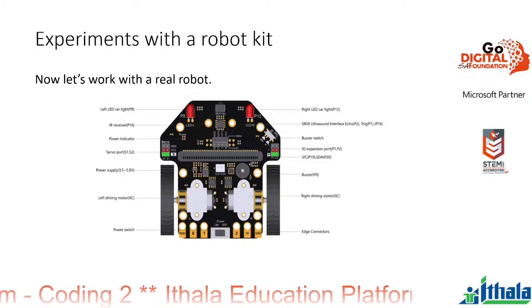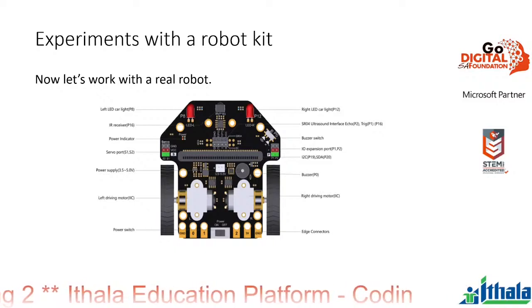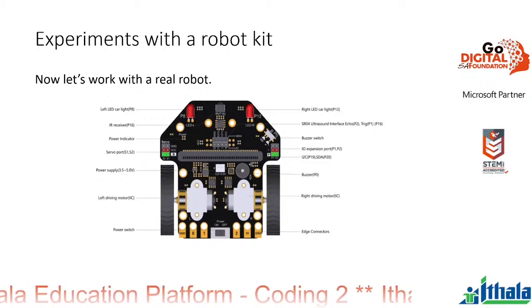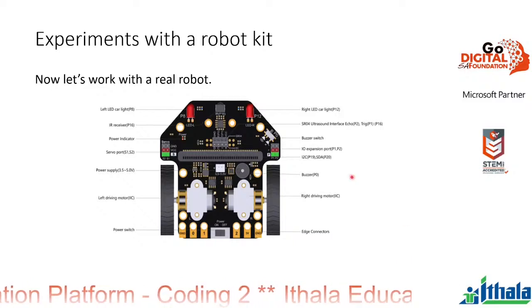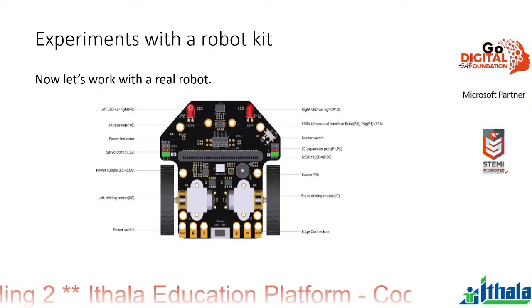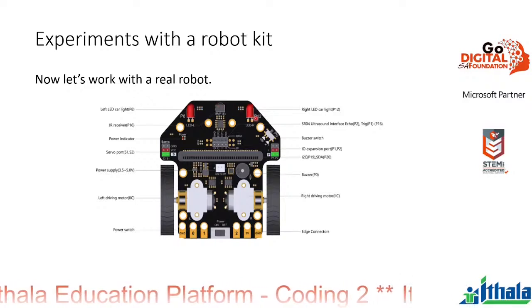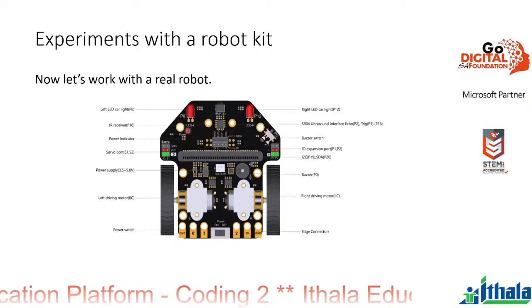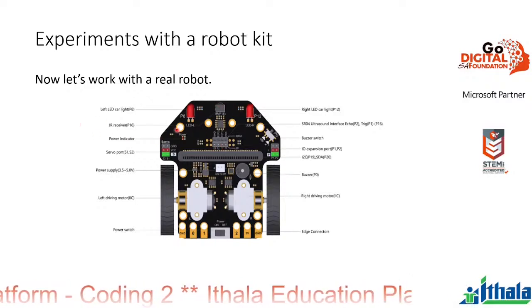We'll just take a look at the robot kit itself. If we look at the top of it, we can see that we've got 2 LED lights. These are like car headlights, except that they're red. We've got an infrared receiver.